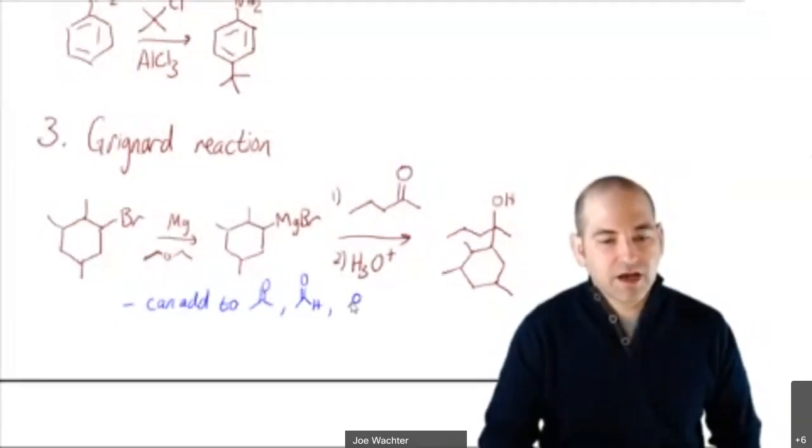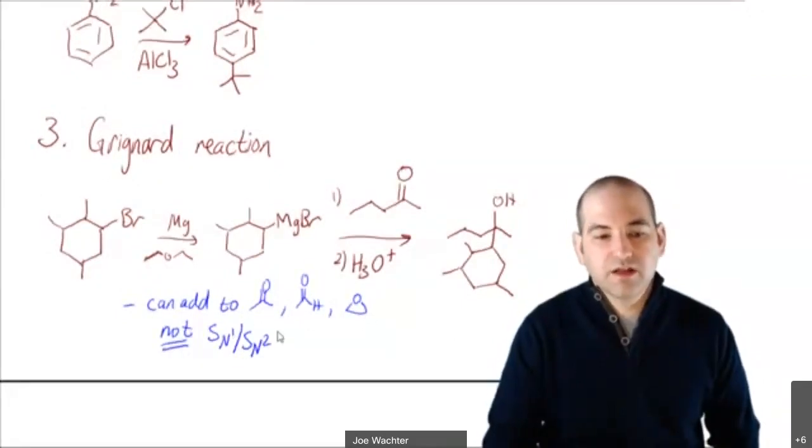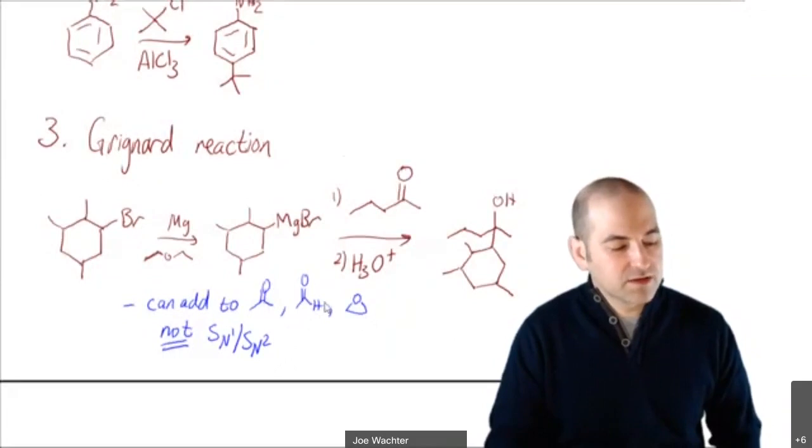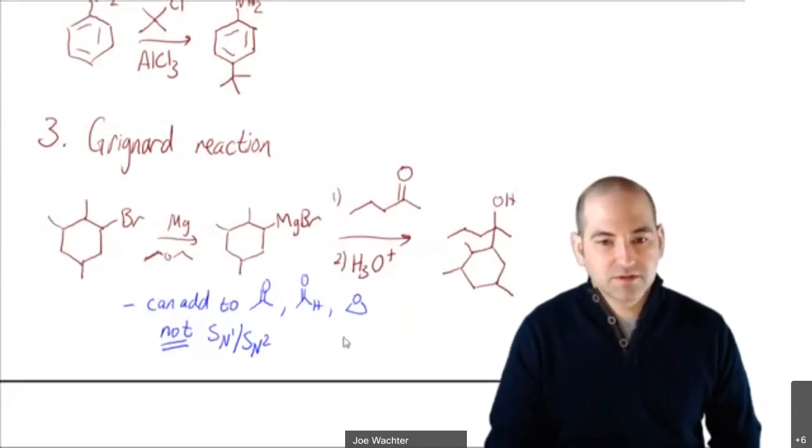You can use epoxides with Grignard reactions, but not regular old substitution with alkyl halides, because they'll just do eliminations. They're too strong of bases. So you can use these kinds of electrophiles, ketones, aldehydes, epoxides, but not SN1s, SN2s. But a very useful reaction.